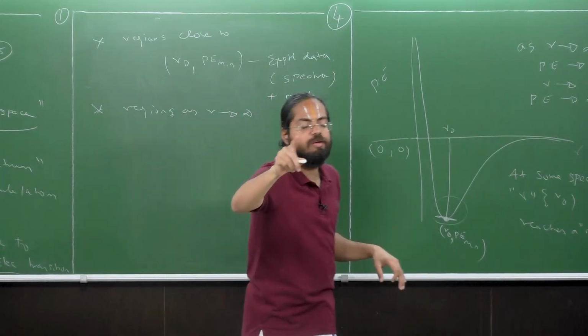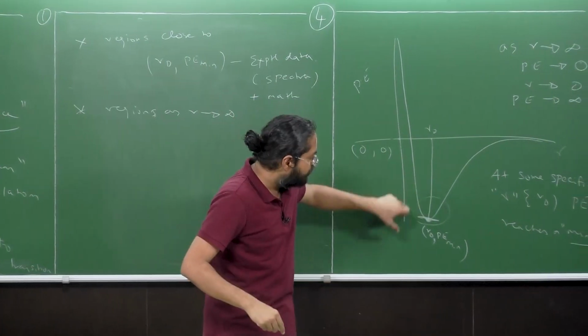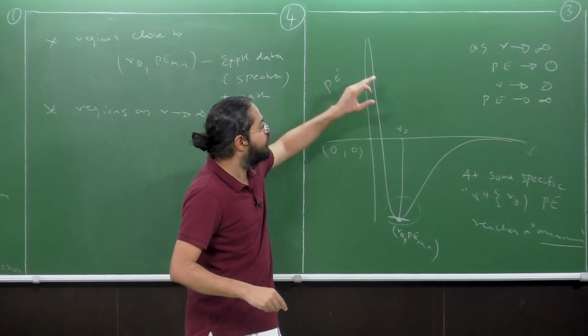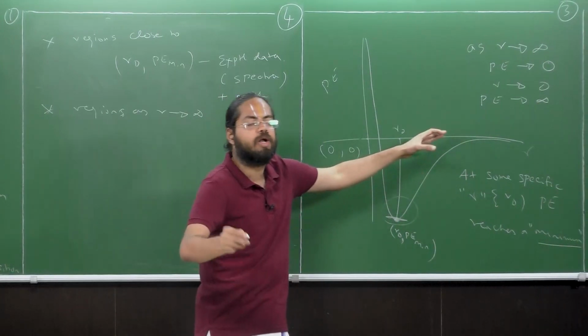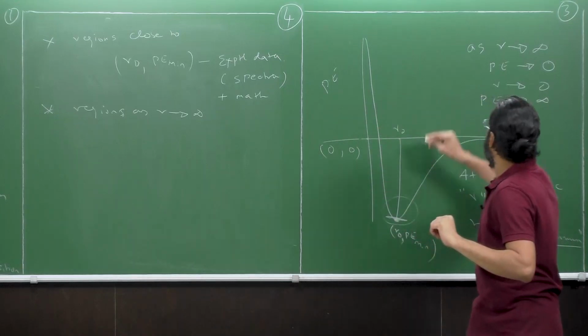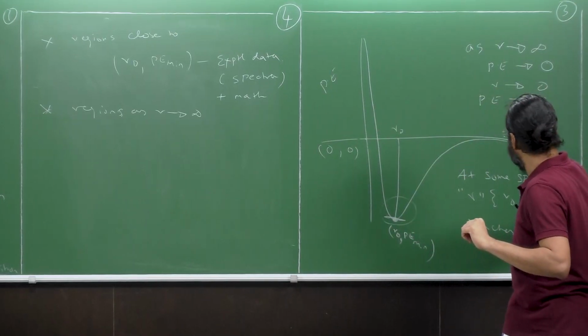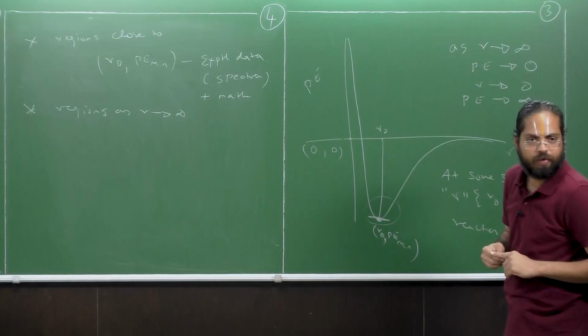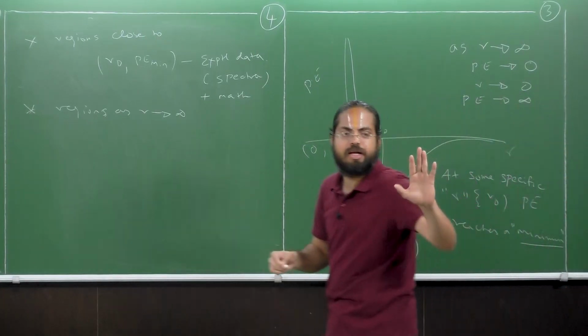And there has been found to be a remarkable coincidence, right? That for many diatomic molecules, this is indeed the shape of the potential energy versus the internuclear distance. All right. So there is experimental evidence for this curve.